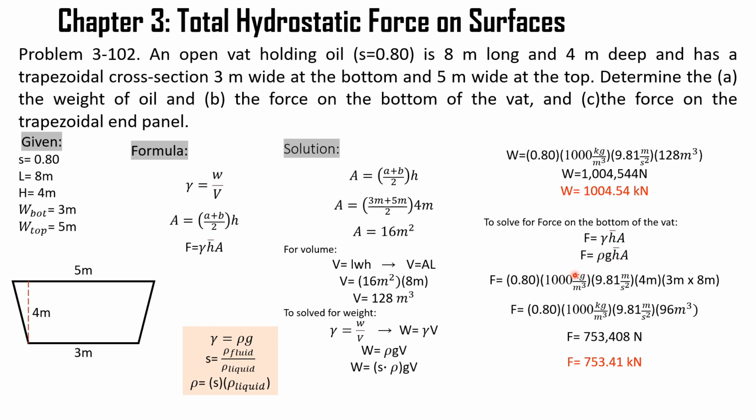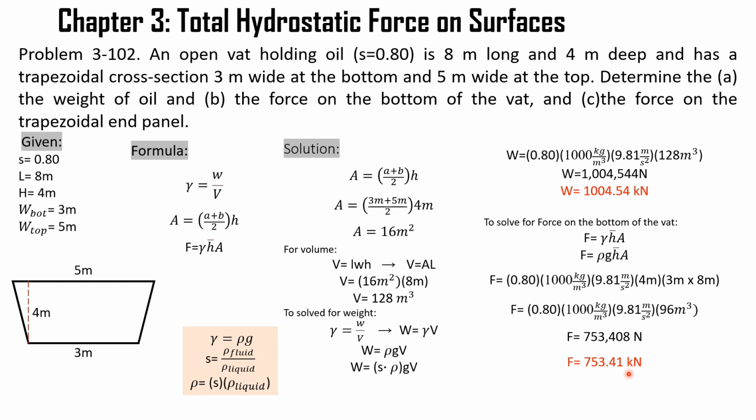So force is equal to 0.80 times 1000 kilogram per meter cube times 9.81 meter per second squared times the height of 4 meter times the area of 3 meter wide and 8 meter long. So the force on the bottom of the vat is 753,408 Newton. Converting to kilonewton, force is equal to 753.41 kilonewton.